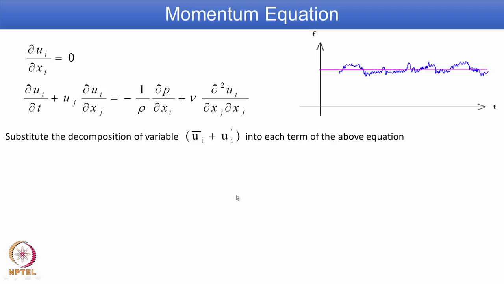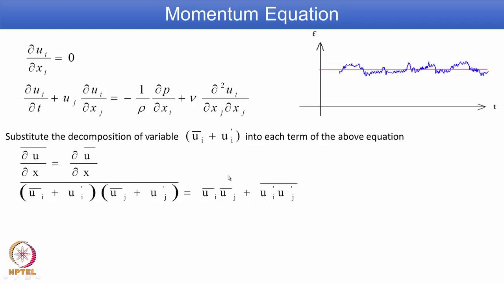We know the decomposition, for example, ui instantaneous is decomposed into the summation of mean and deviation. So, if you substitute, then we get the final Navier-Stokes equation to be used for turbulent flows.